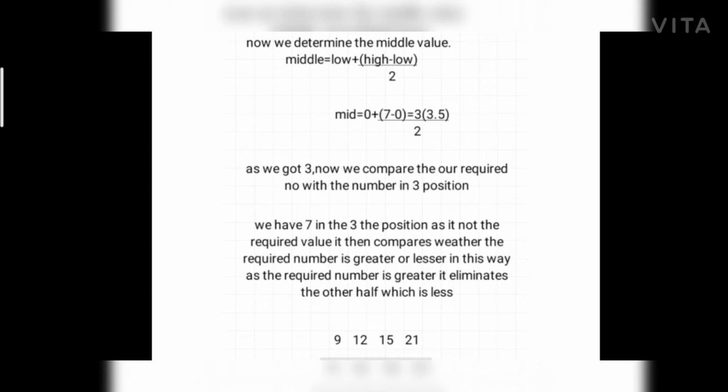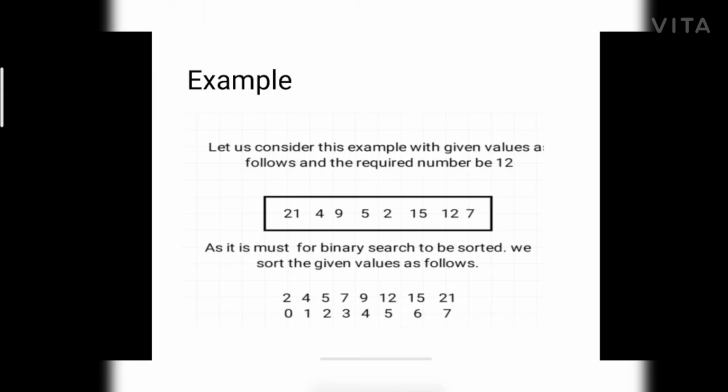Now as we got 3, we compare the number in the third position with our required number. We have 7 in the third position, and the targeted number 12 is greater than 7.